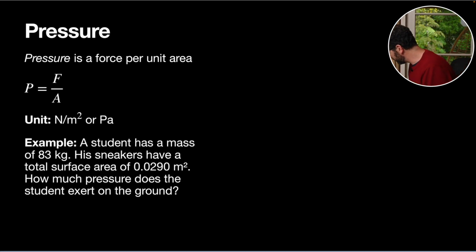And just like with stresses, the unit is newtons per square metre or pascals, and pressures are more commonly specified as pascals. 1 pascal is just 1 newton per metre squared. They're equivalent units. So for example, a student has a mass of 83 kilograms, sneakers have total surface area of 0.0290 square metres. How much pressure does the student exert on the ground? Well, this would just be pressure, will be the force.